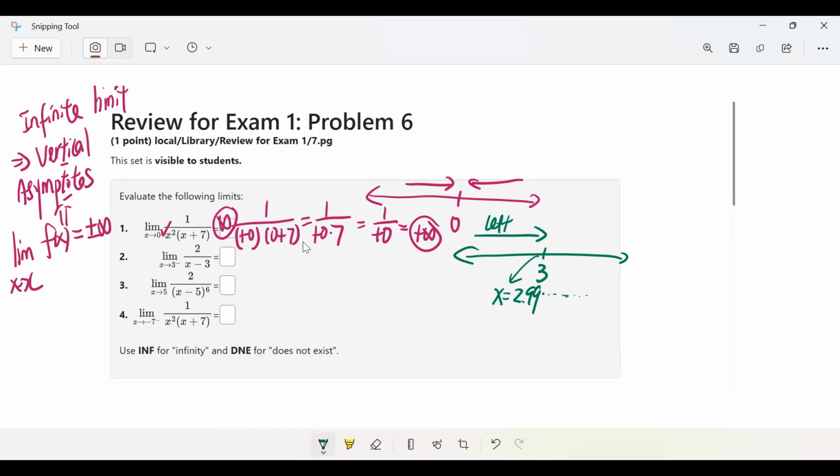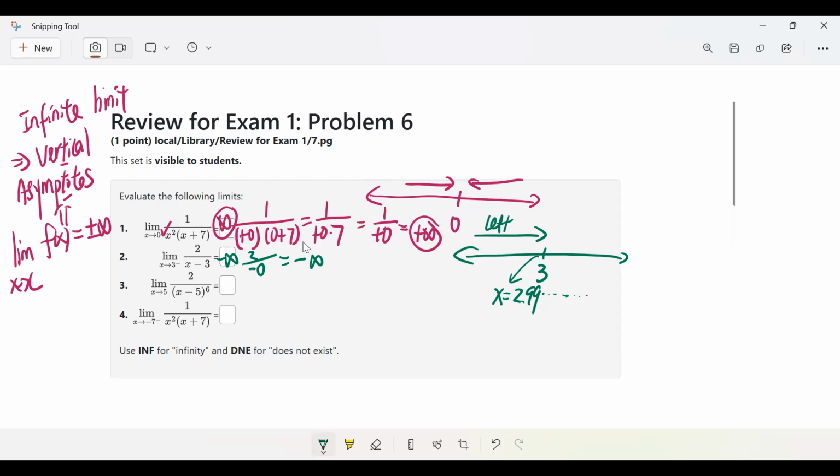If you analyze it, the top stays the same too. On the bottom, it's 2.99999 minus 3, a very tiny little negative number. So that's negative 0. Plus over minus is minus. 2 over negative 0 is negative infinity. So the answer for this second part here is negative infinity.